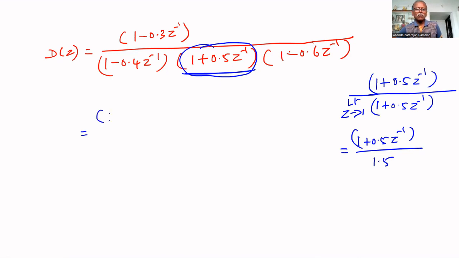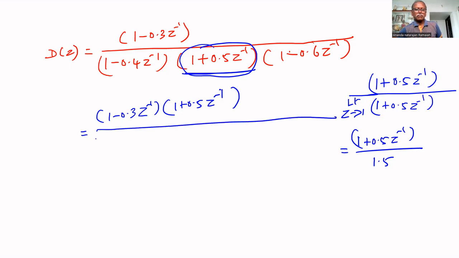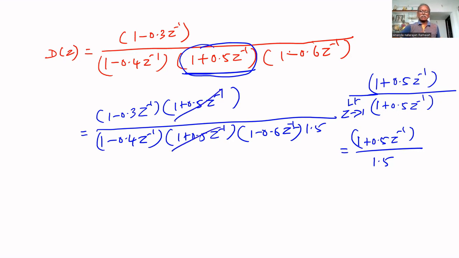What you will get: 1 minus 0.3 z power minus 1 multiplied by 1 plus 0.5 z power minus 1, divided by 1 minus 0.4 z power minus 1, 1 plus 0.5 z power minus 1, 1 minus 0.6 z power minus 1, multiplied by 1.5. These two get cancelled.